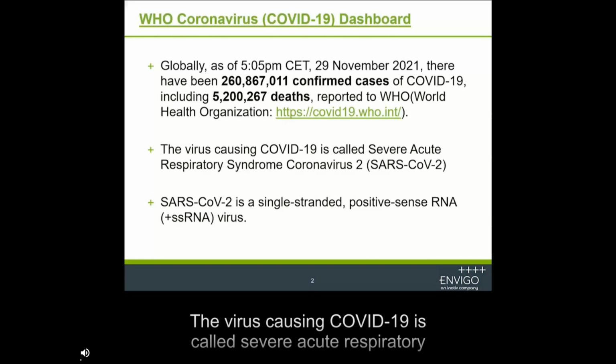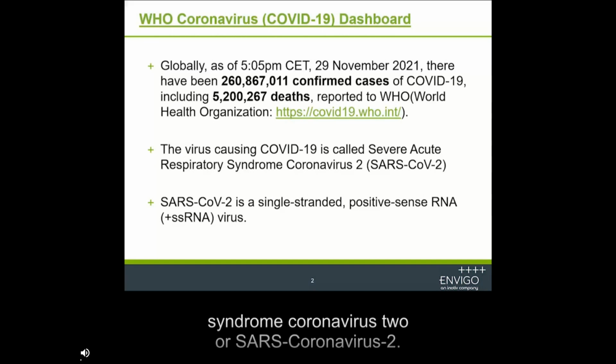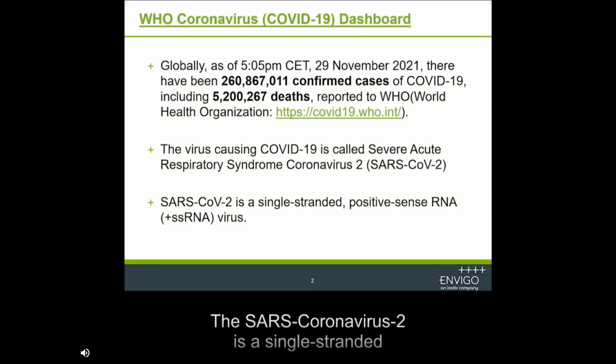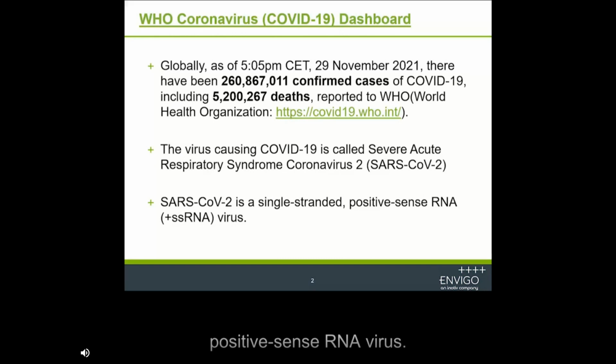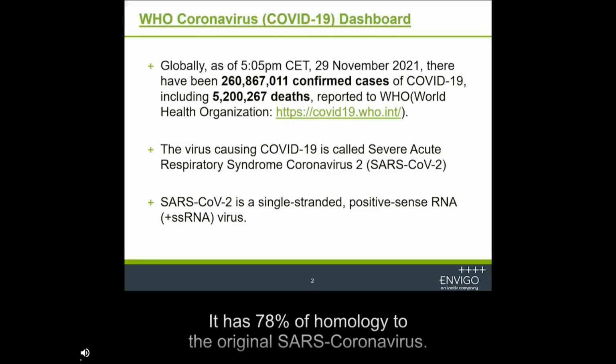The virus causing COVID-19 is called severe acute respiratory syndrome coronavirus 2, or SARS coronavirus 2. It is a single-stranded positive-sense RNA virus. It has 78% homology to the original SARS coronavirus.